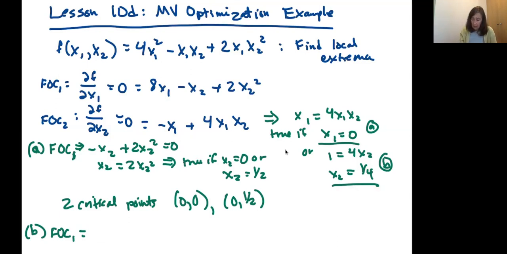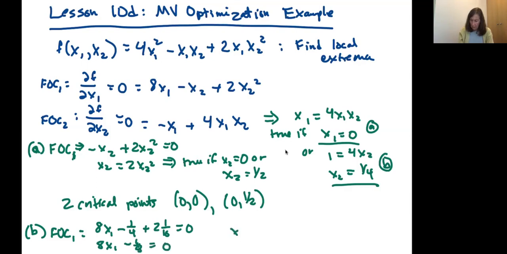This is saying that 8 x1 minus 1/4 plus 2 times 1/16 equals 0. Okay, that 2/16 is an eighth. That is the same as 8 x1 minus 1/8 equals 0.